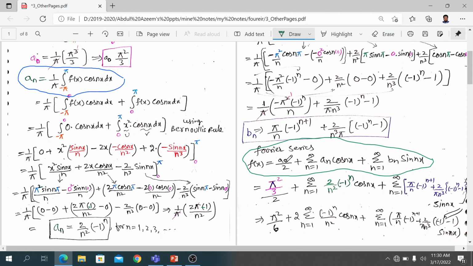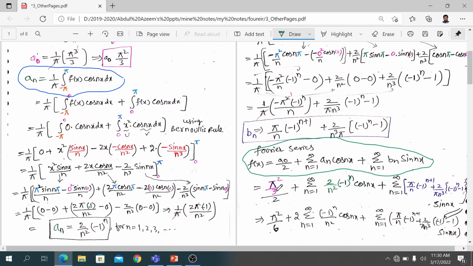Now substitute the values. A naught value is pi square by 3, by 2, plus sigma n is equal to 1 to infinity, an value is this one, 2 by n square minus 1 power of n cos nx, plus sigma n is equal to 1 to infinity bn. What is bn value? This one, whole everything, n sin nx.